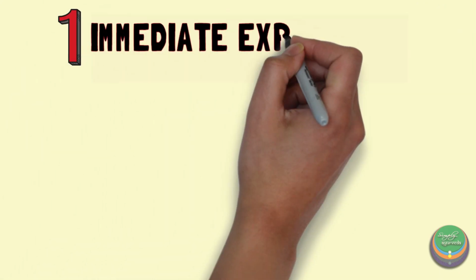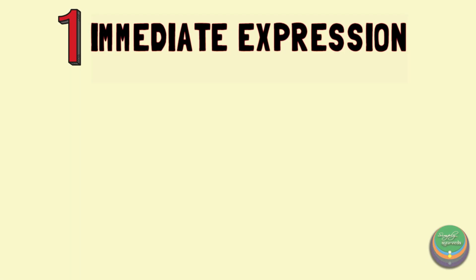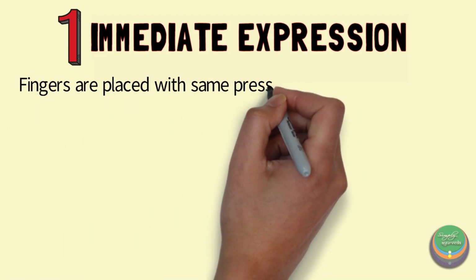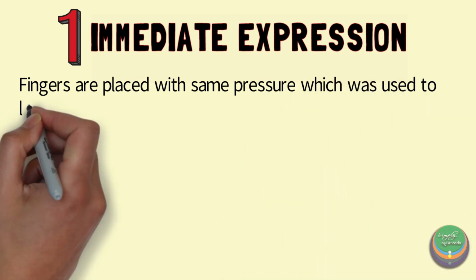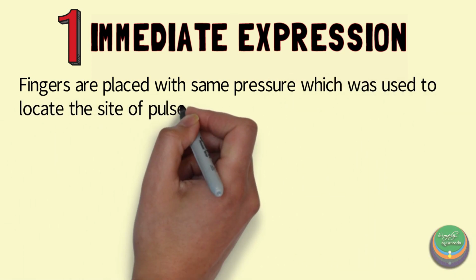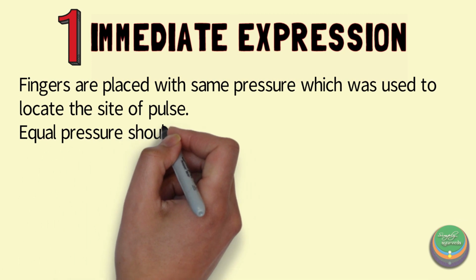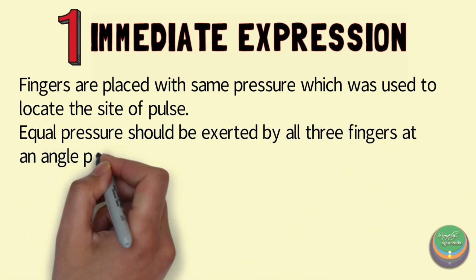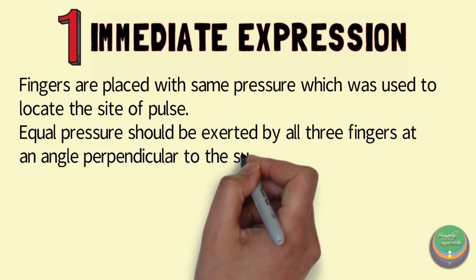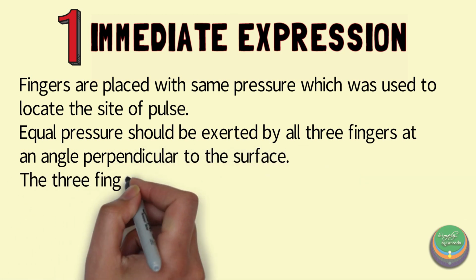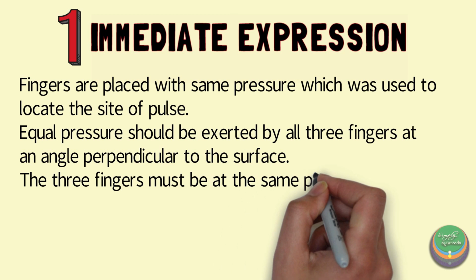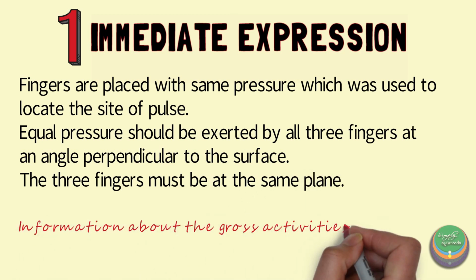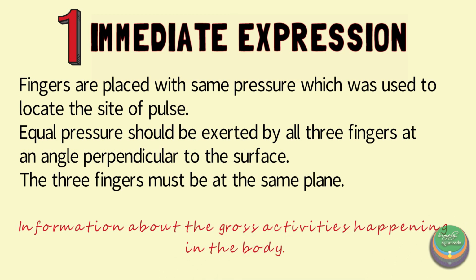Immediate expression, where the fingers are positioned on the pulse without the botheration of the applied pressure. One must maintain the same pressure that he has applied with his index finger to identify the site of the pulse. There should be equal pressure on all 3 fingers and the fingers should be perpendicular to the arm. This is the first observation. It provides information about the gross activity happening in the body.